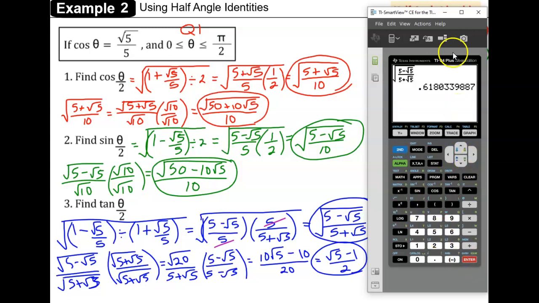And we're going to compare that decimal to the answer we got when we rationalized the denominator, which was a square root of 5 minus 1 all divided by 2. And we see that our decimals are equivalent, and so our solutions are numerically equivalent.